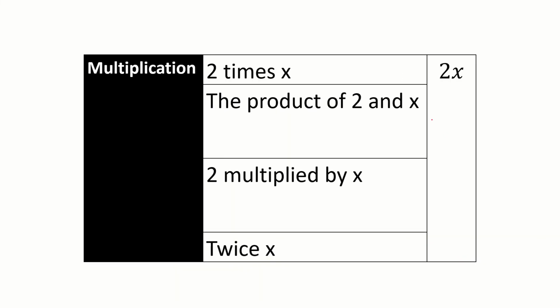For multiplication, keywords are times, product of, multiplied by, and then we have twice. So of course, when we say twice x, that's 2x. If it's thrice, still that's multiplication, then 3x. By the way, remember all the time that when you have one term, you might be asking whether the coefficient should come first or the variable.